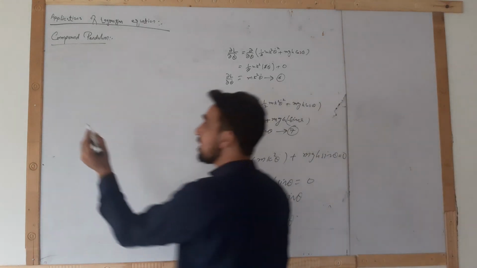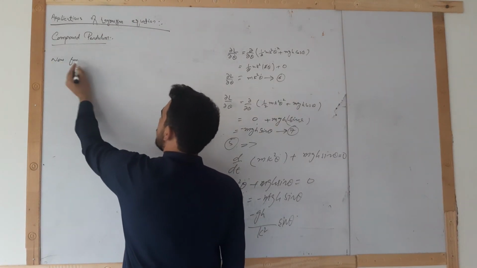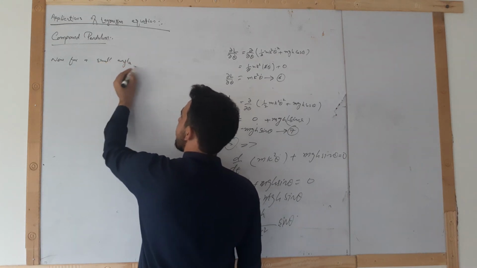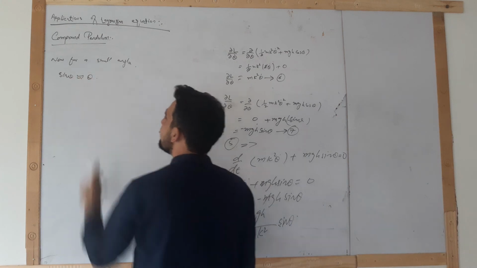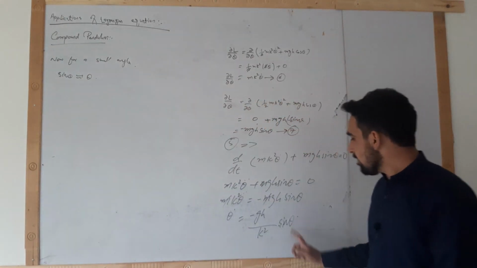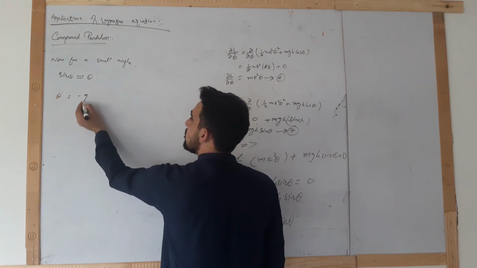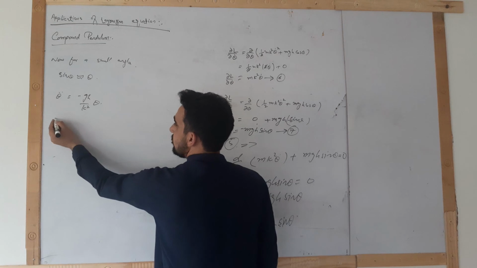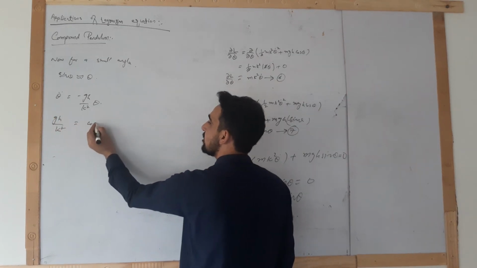For a very small angle, sine theta is nearly equal to theta. So we can replace it: theta double dot is equal to minus gh divided by k square into theta. gh divided by k square is a constant.